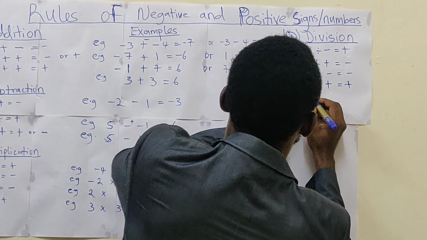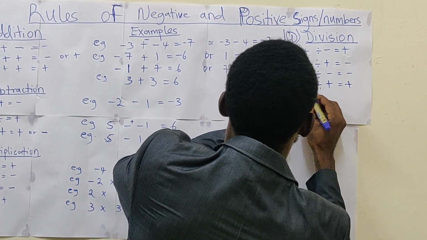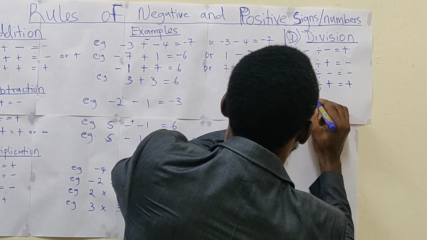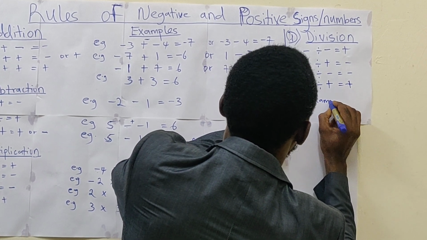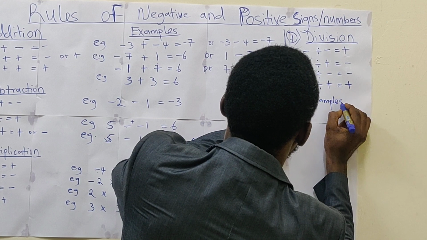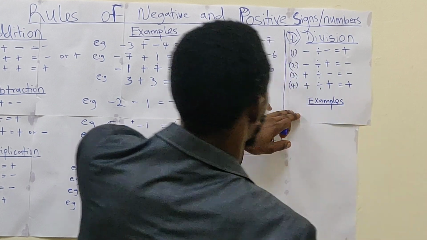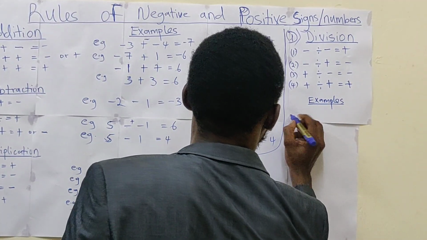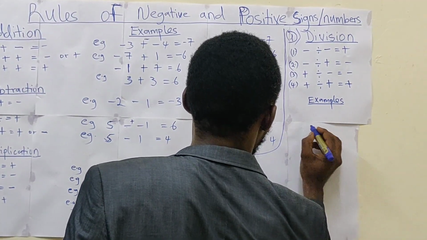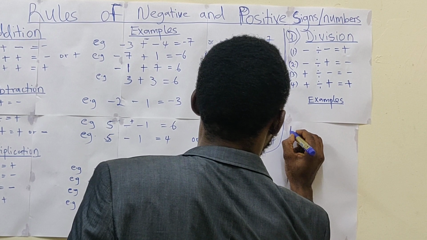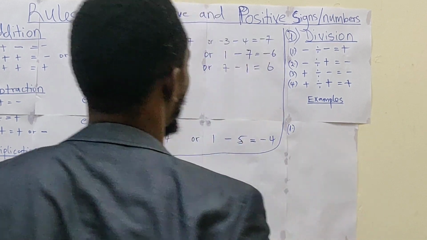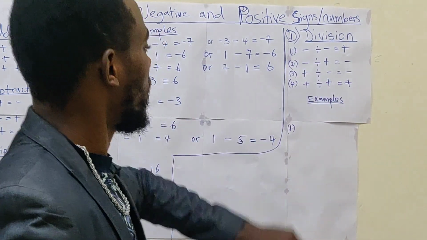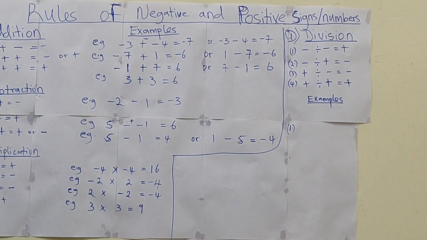Examples. So let's start with the first one. Negative divided by negative is positive. Let's look at two negative numbers.